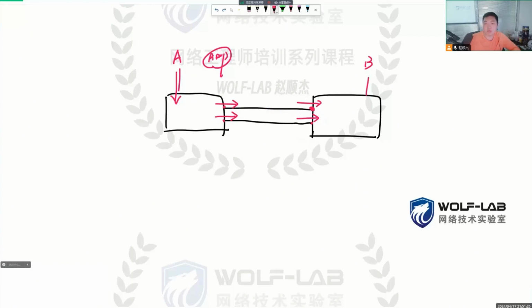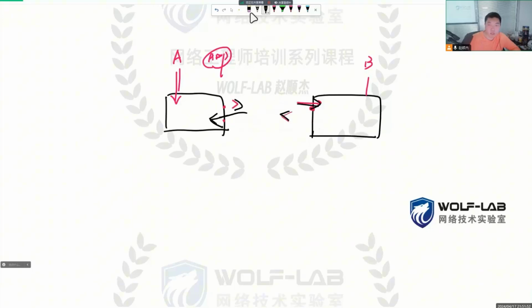So here's the problem. If B receives a broadcast packet from one interface, what to do? Destination MAC address is broadcast, so flood it. Except for the interface where we received this broadcast packet, flood it out of the other interfaces, so it goes back to our switch.